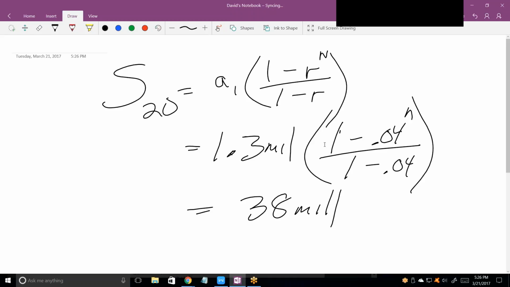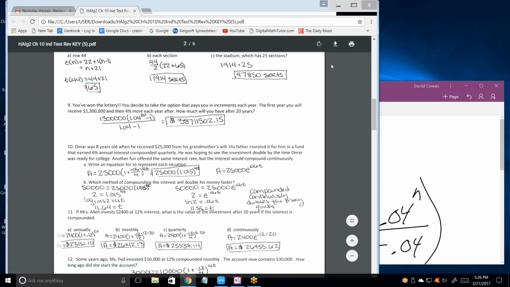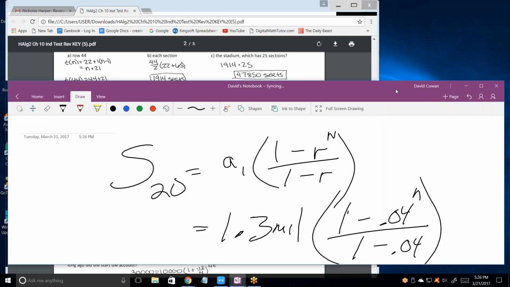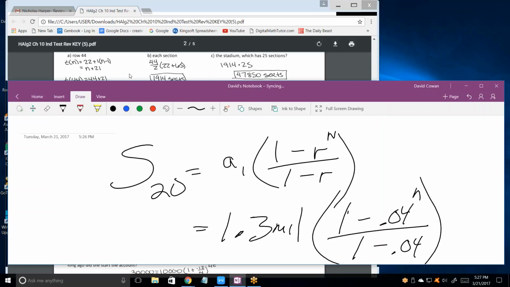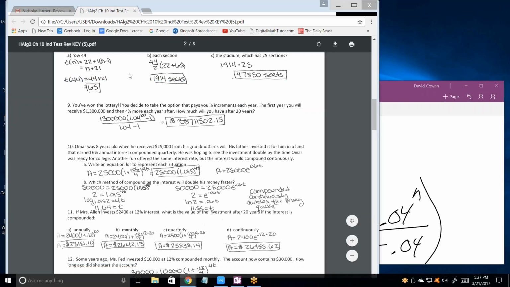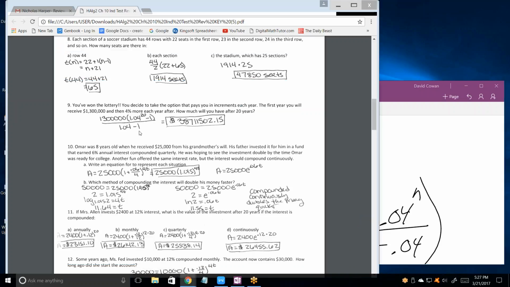And she did do, I believe, 1 minus r, did she not? Yeah, or r minus 1. She did r minus 1 instead of 1 minus r. Comes up with the same number.